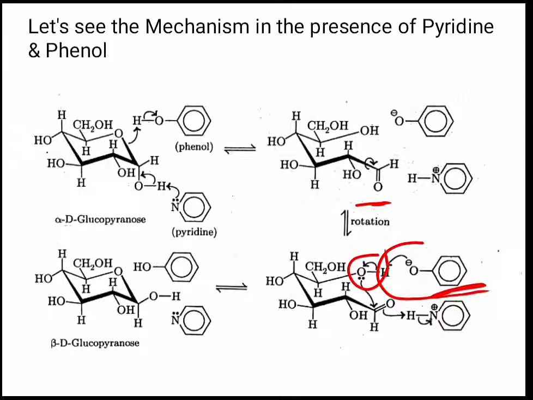This oxygen will become minus, this minus will attack the carbonyl, and this will open, so this oxygen will take this proton from the pyridinium salt. Then you will get the beta D glucopyranose. I hope you can understand this reaction mechanism.